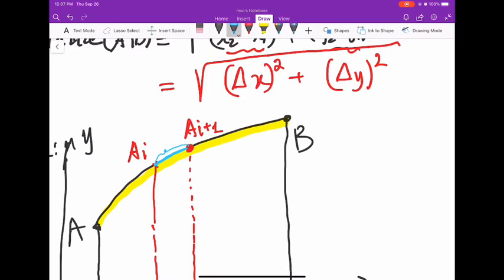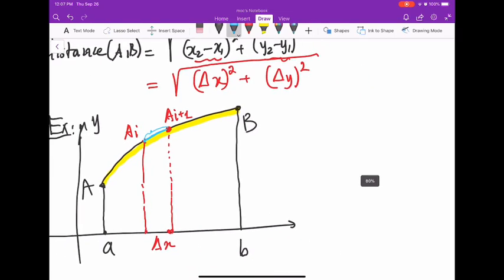Because when A_i and A_(i+1) are very close, this curve is very close to a straight line. So that's why we can approximate the arc length between A_i and A_(i+1) by the distance from A_i to A_(i+1). Okay, let's do that, right?